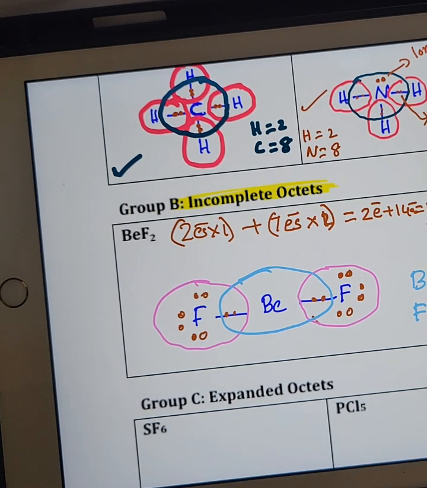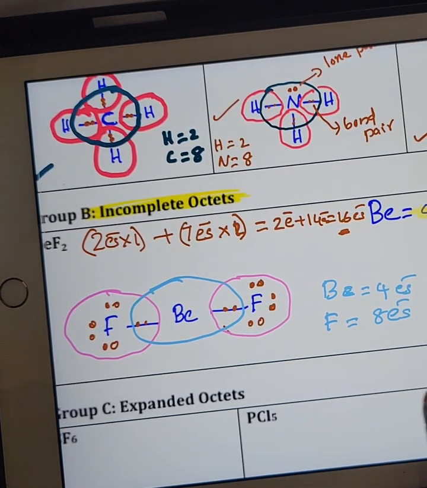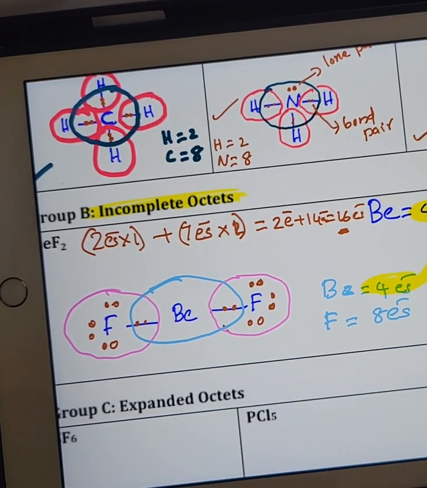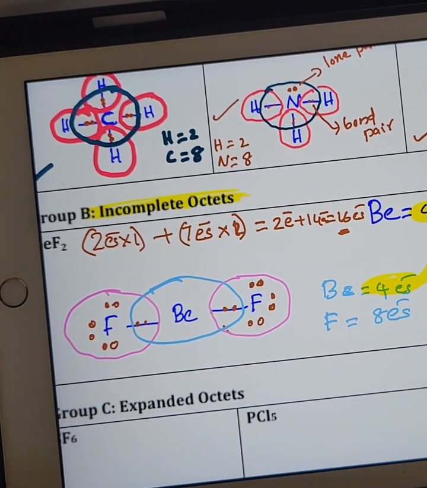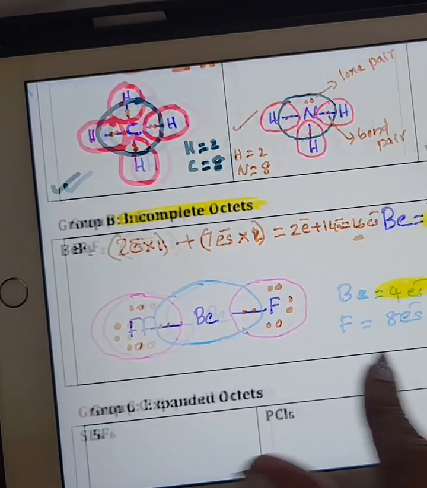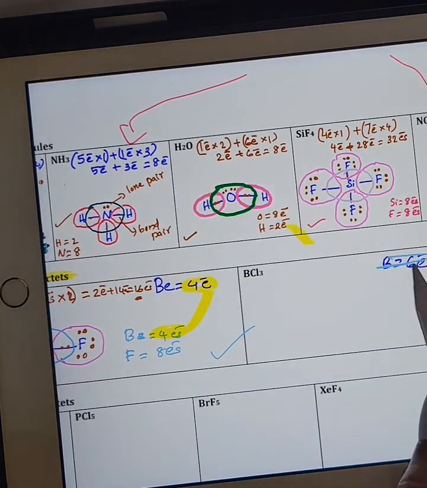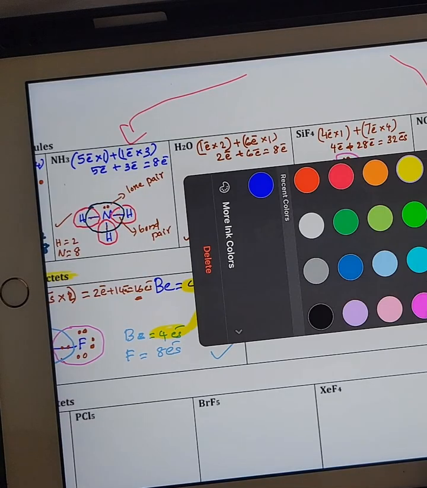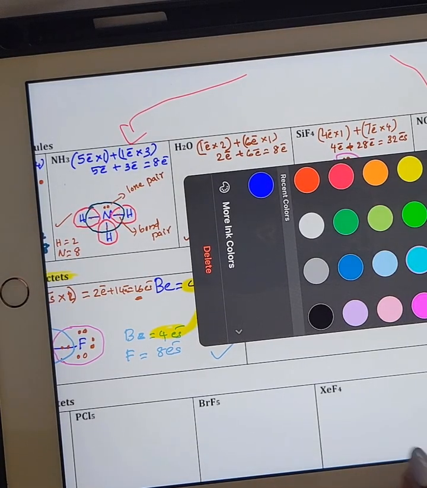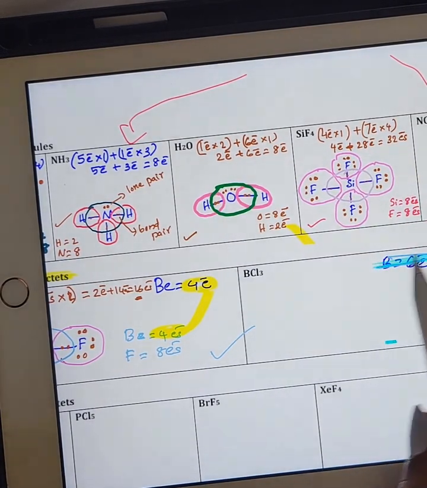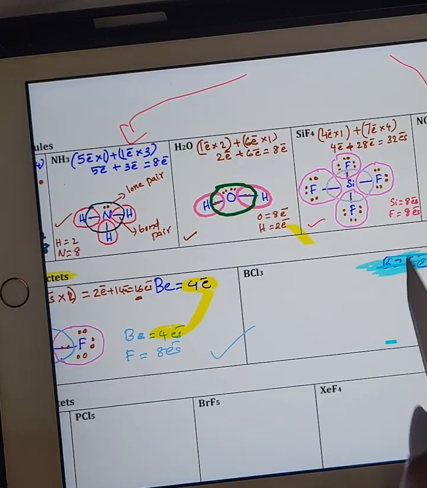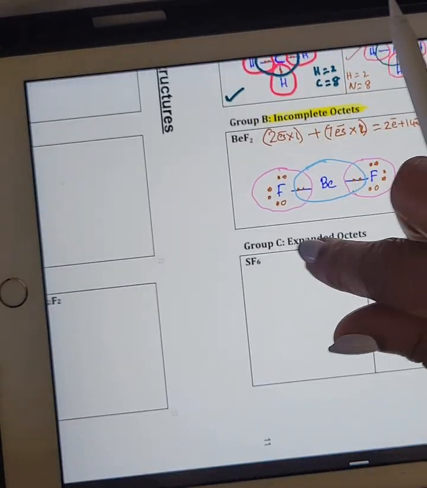Beryllium needs only how many electrons? Beryllium needs only 4 electrons, and it is correct. So our structure is correct. Okay. So I'm skipping this one for you guys to try. The only thing you have to remember, this one needs only how many? That needs only 6 electrons. Okay, those are the exceptions.